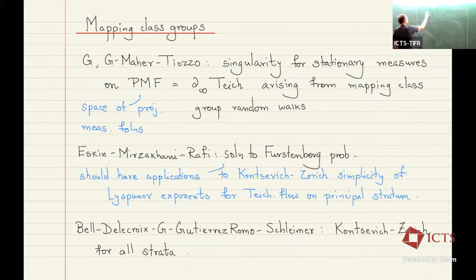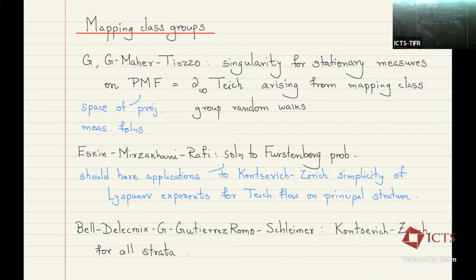So the mapping class group of S is the set of orientation preserving diffeomorphisms of S, and here I'm requiring that the marked points go to marked points, modulo isotopy. So if you wish, this is the orbifold fundamental group of M_{g,n}, the moduli space of curves of genus g, or Riemann surfaces of genus g with n marked points.